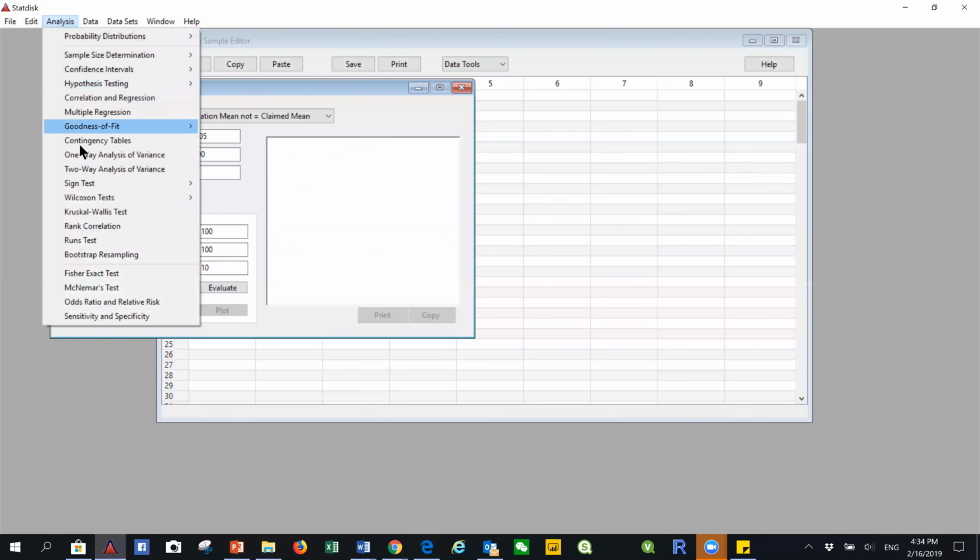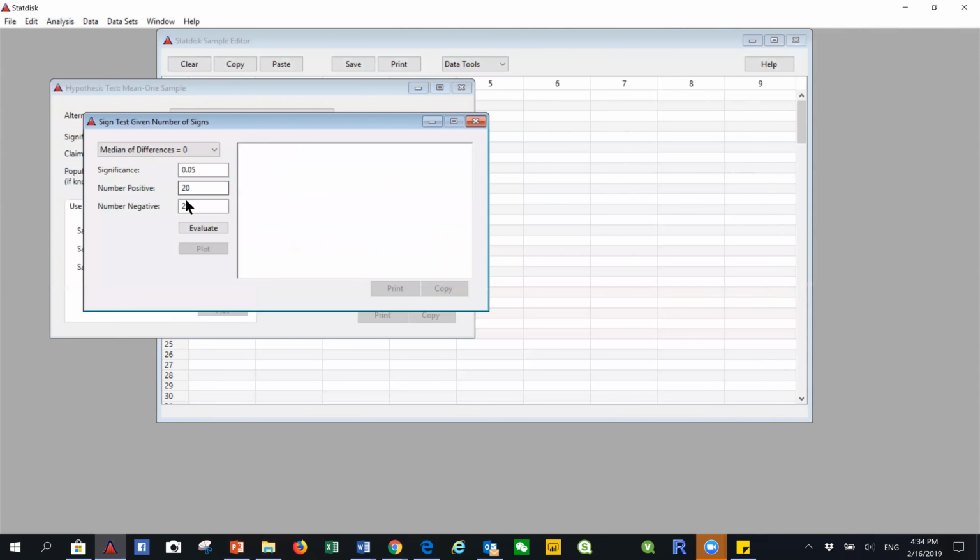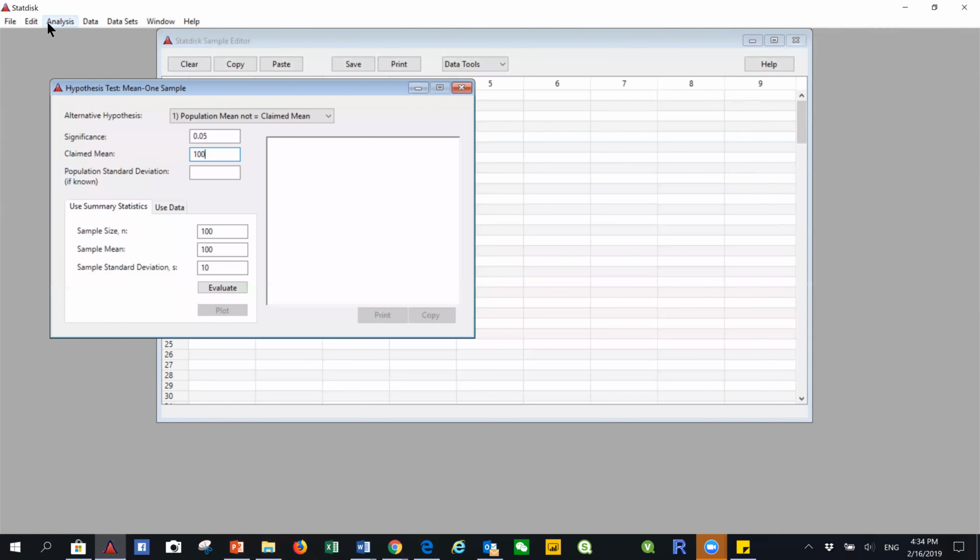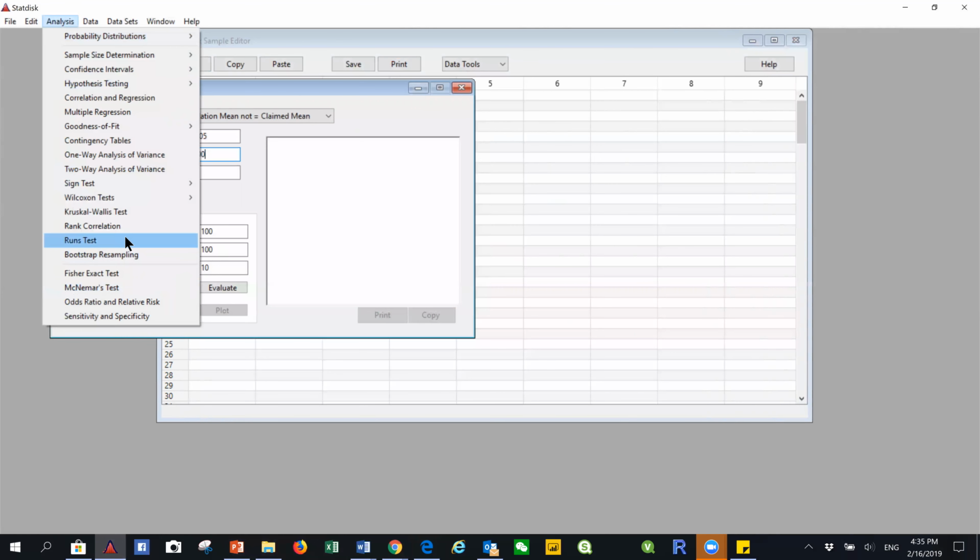Let me see. Sign test gives me the number of signs, the number of positive signs. Wilcoxon, independent samples.